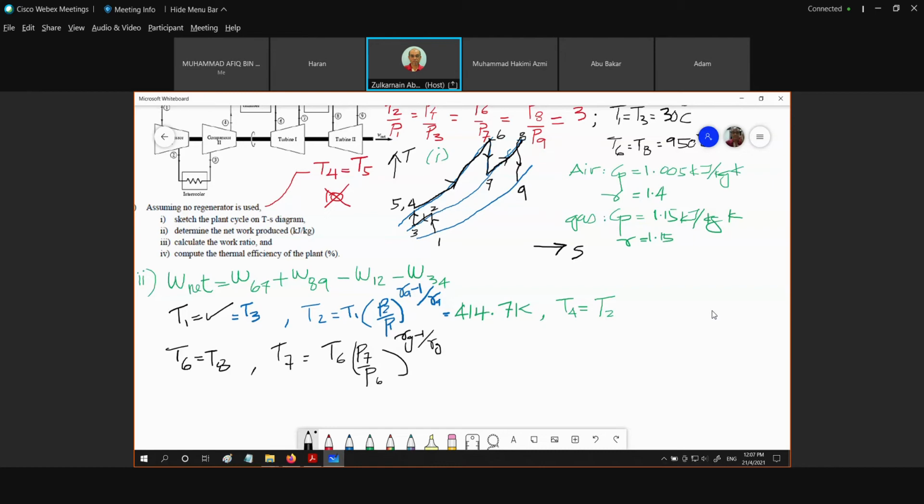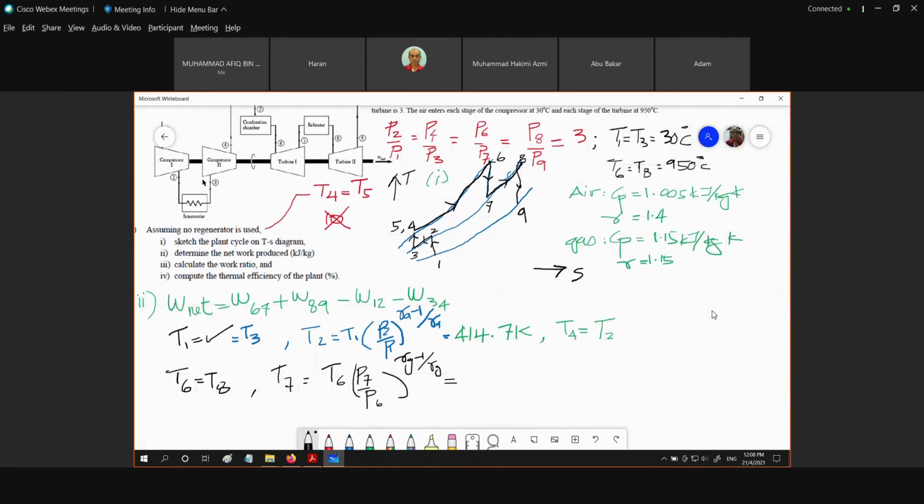Then P7 over P6 is 1 over 3. Given in the question, all the pressure ratios of both compressors and both turbines are all 3. Right? So we are putting T6 as 950 plus 273 and P7 over P6 is 1 over 3. So how much is that?